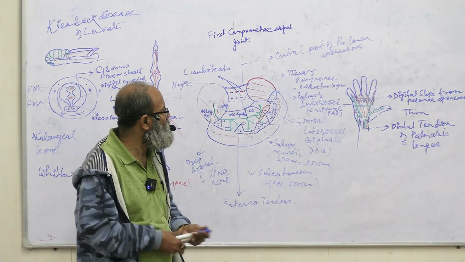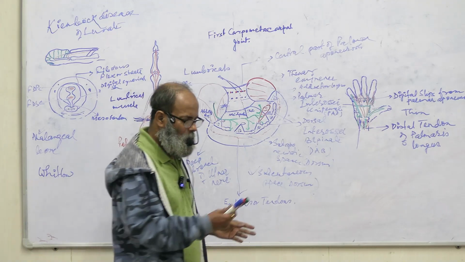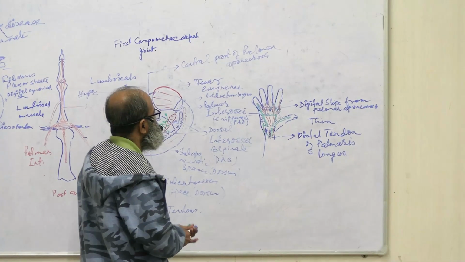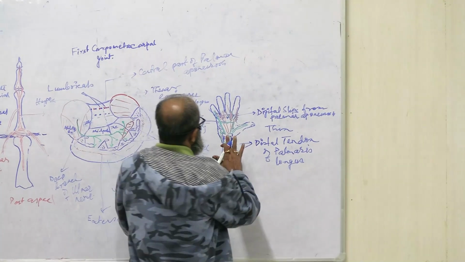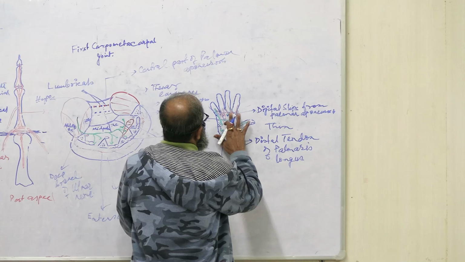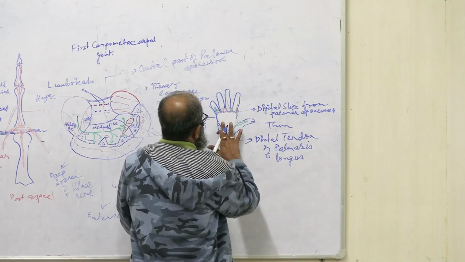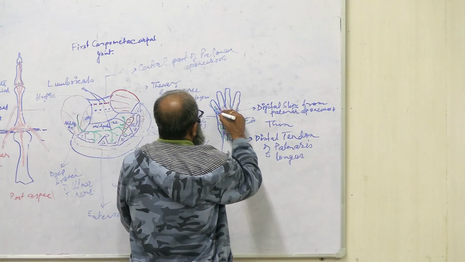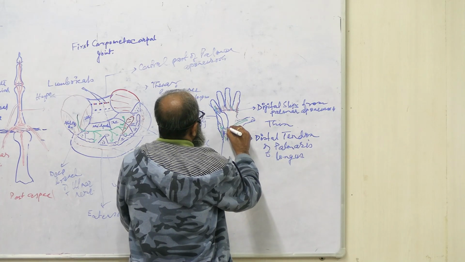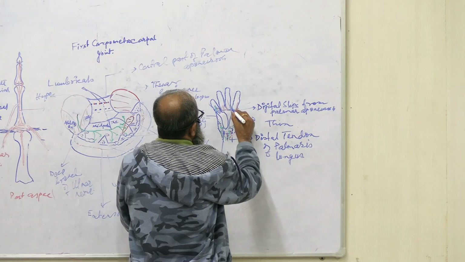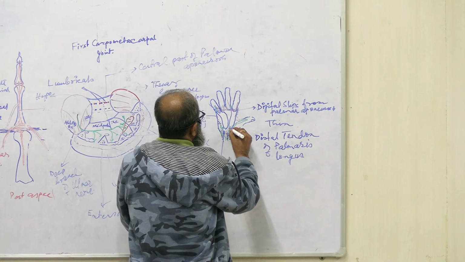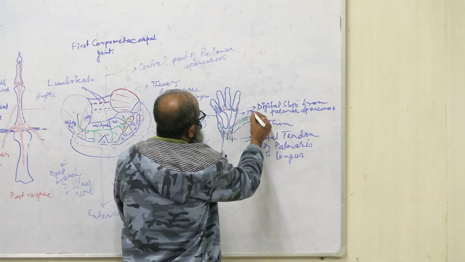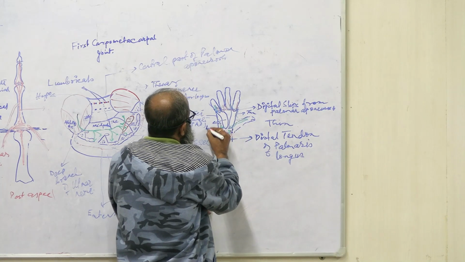Alright. If you see in this diagram, this is the thenar space, this is the midpalmar space.